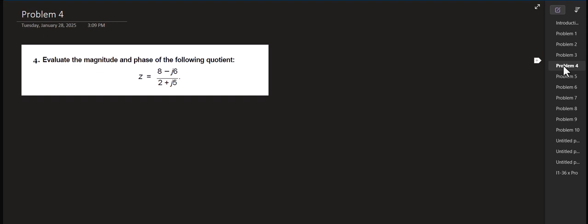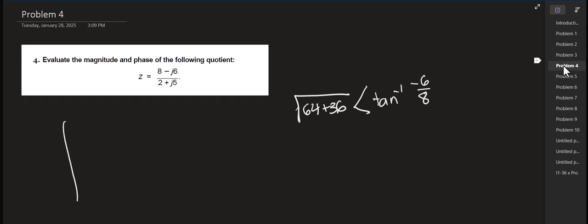I'm going to do this one different just to teach y'all something new. So when I change the top to polar, I will get the square root of 64 plus 36 angle inverse tangent of negative 6 over 8.